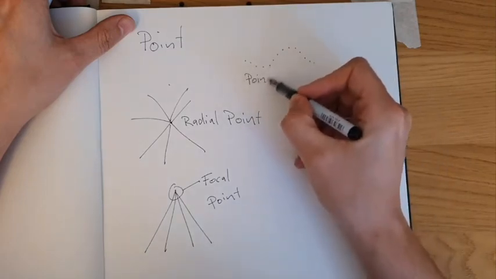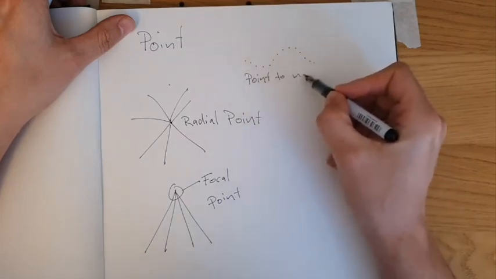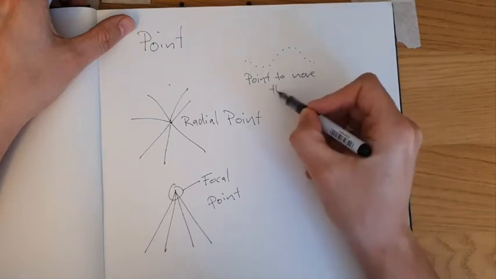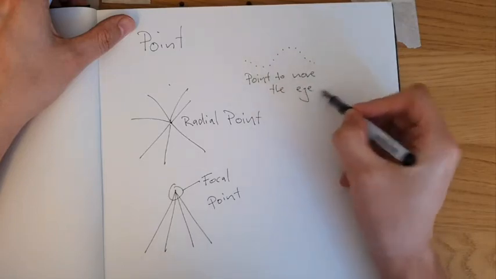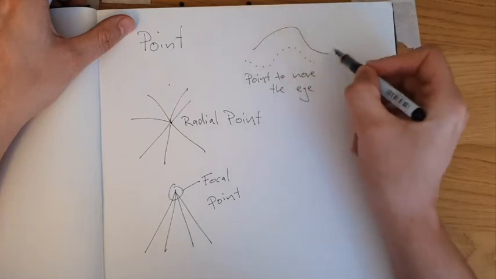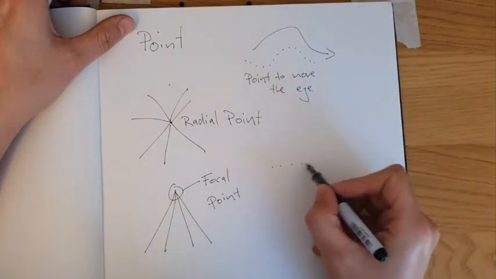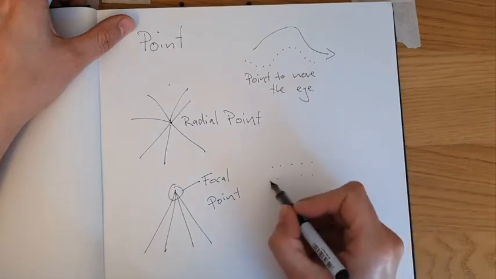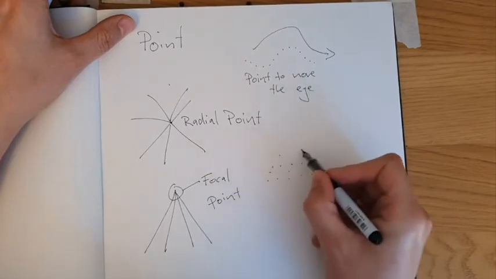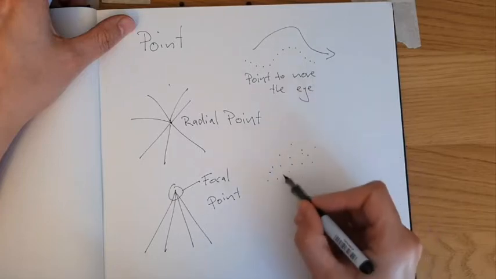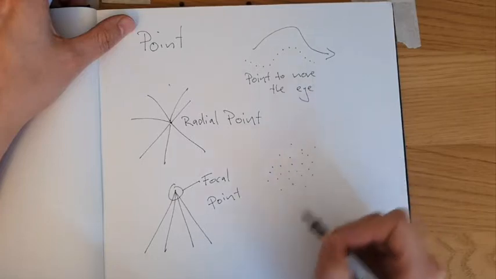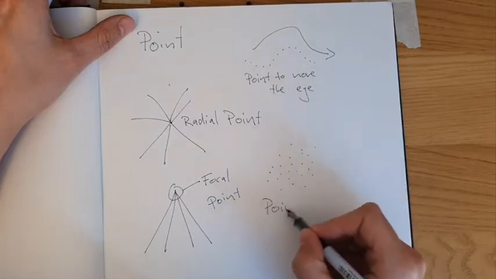Next in our use of point, we would have point to create direction. So we would move our eye along a series of points. Now this is exploring the principle of direction and the principle of closure to create a solid line. Now we're also employing the principle of closure here, and also repetition, when we're looking at employing point to kind of fill a void.